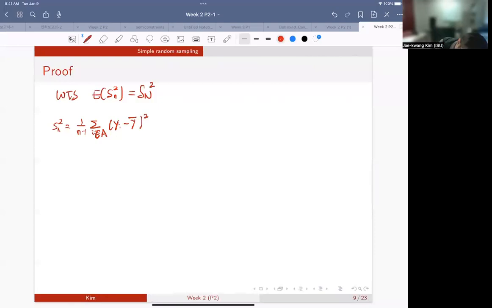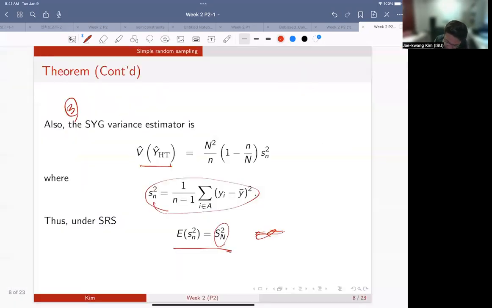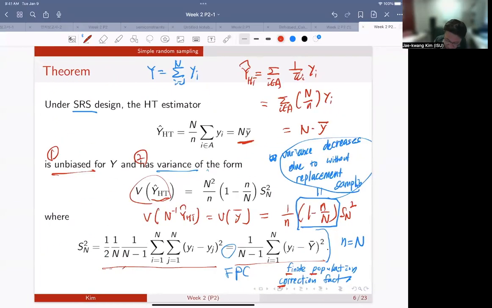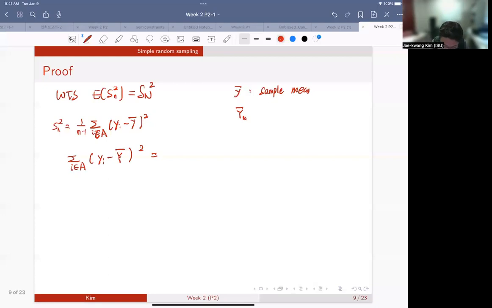This is a sample mean. I didn't use capital N, did I? I didn't, so let's just not use it. So capital N is just this one.